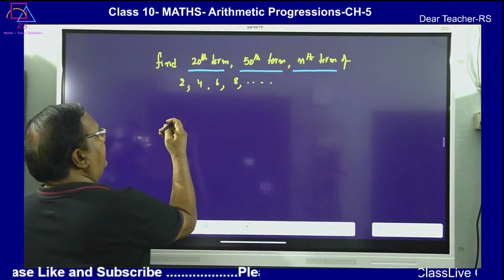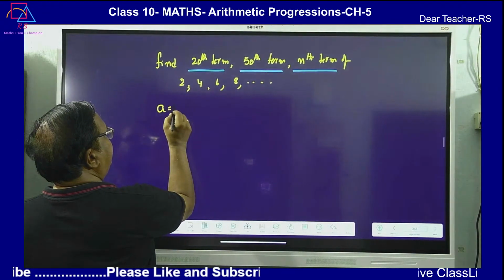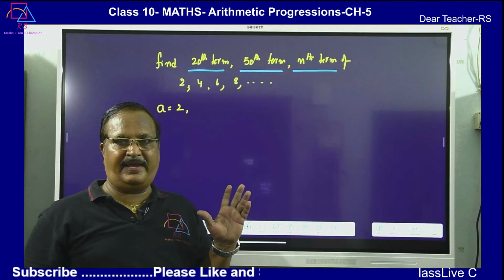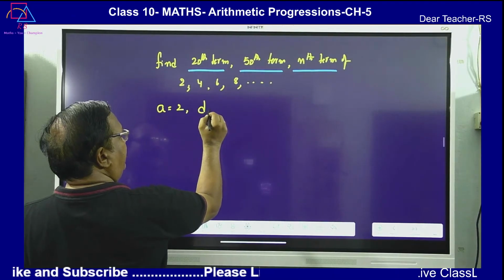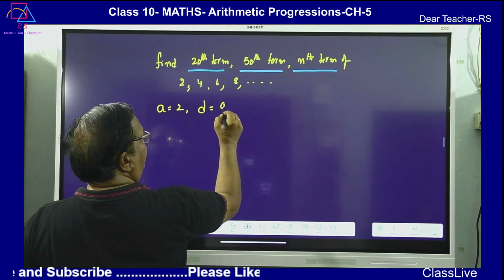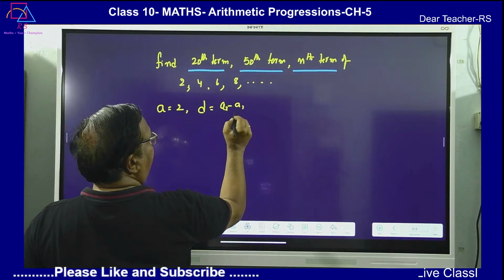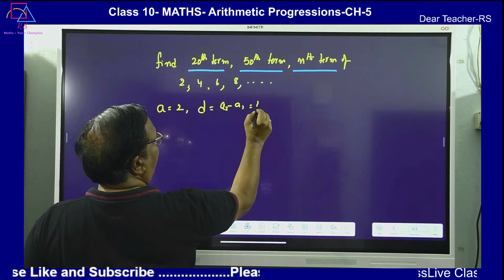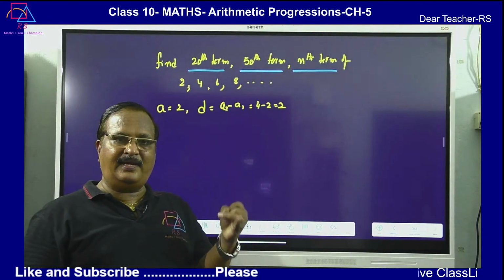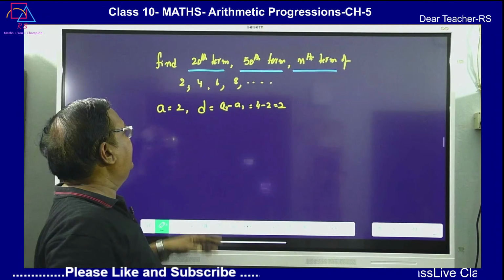From this progression, A is equal to 2, the first term is always A. The common difference should also be written. Common difference is A2 minus A1, that means 4 minus 2 equals 2. Now we have A and we have D, that means first term and common difference.